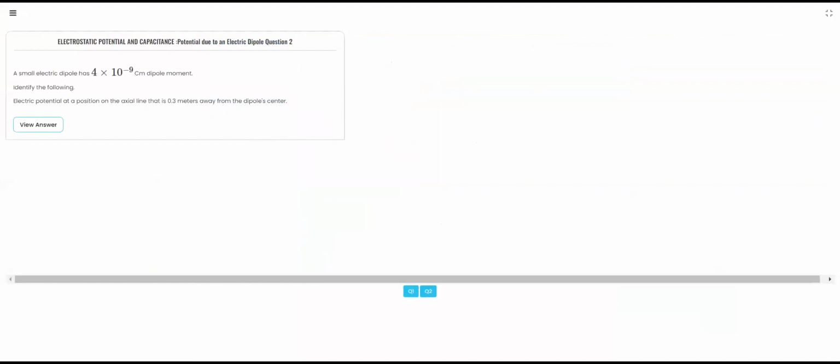Identify the electric potential at a position on the axial line that is 0.3 meter away from the dipole center. I repeat the question.